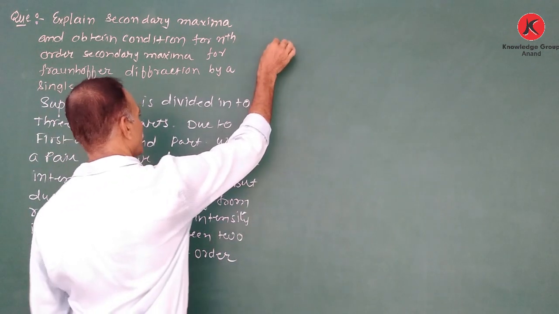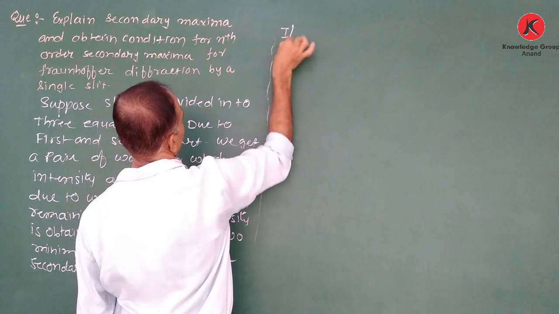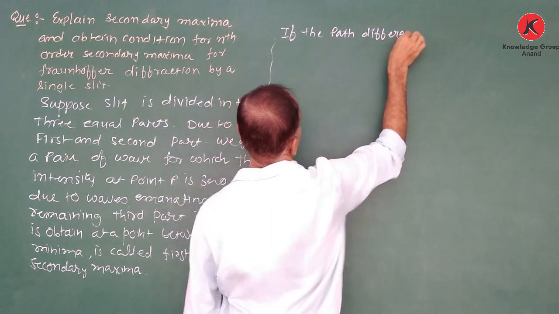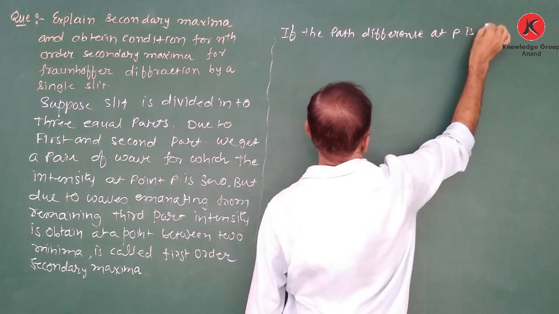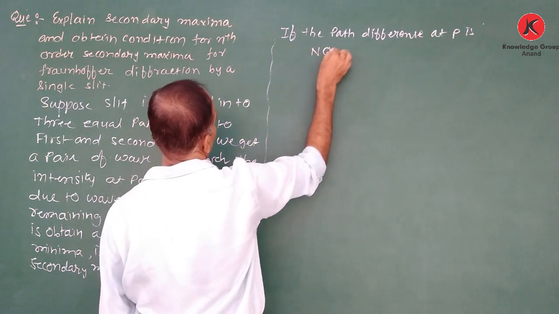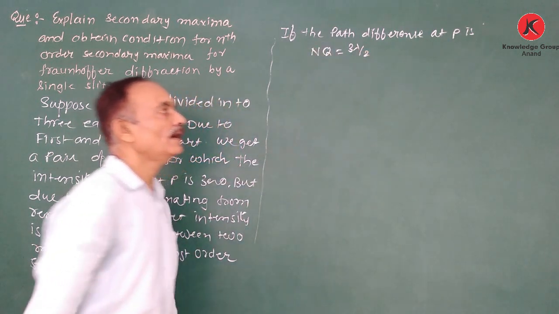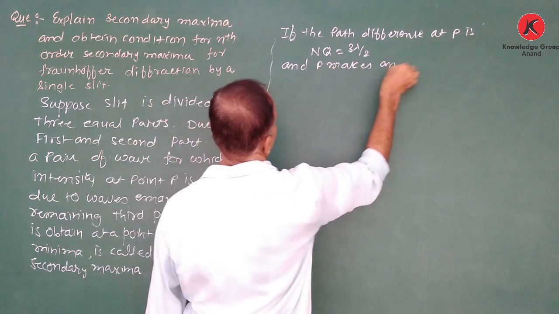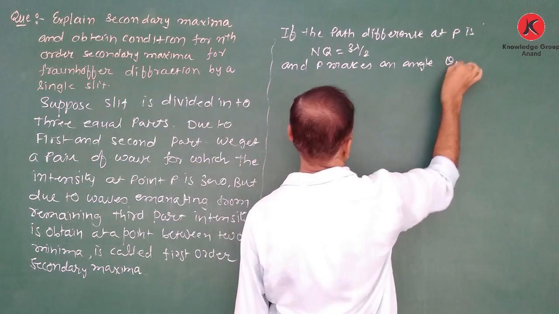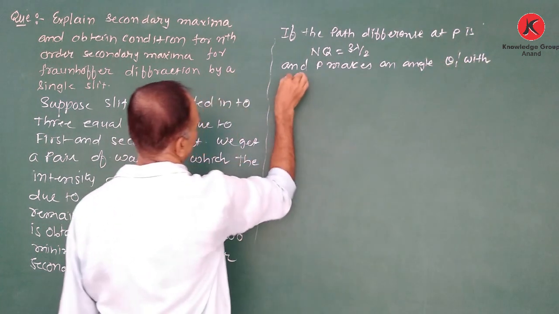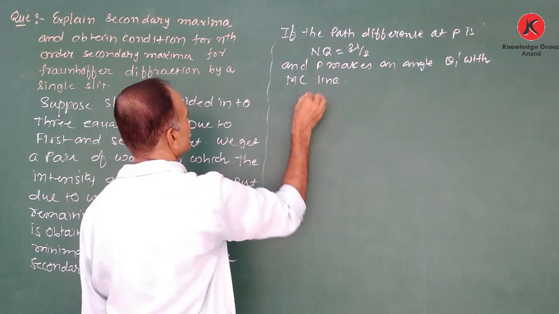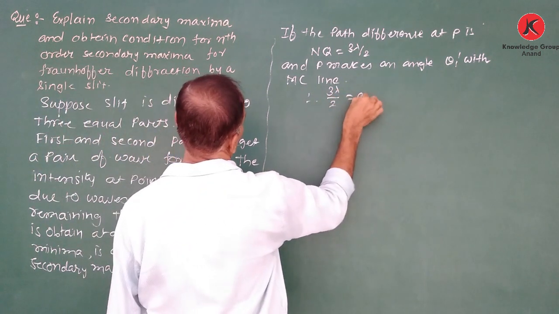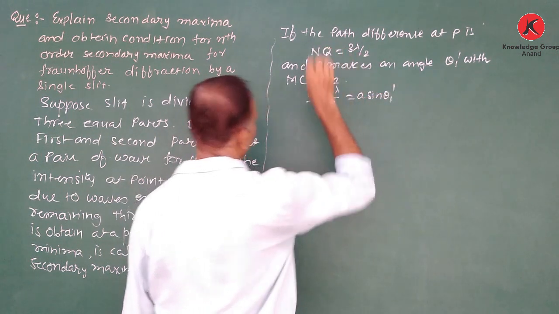If the path difference at point P, NQ, is 3 lambda by 2 and P makes an angle theta 1 dash with the MC line, therefore 3 lambda by 2 is equal to a sin theta 1 dash.